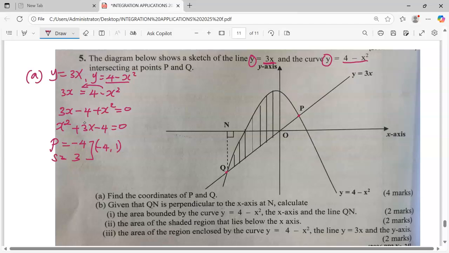From here, we are going to rewrite this quadratic equation.